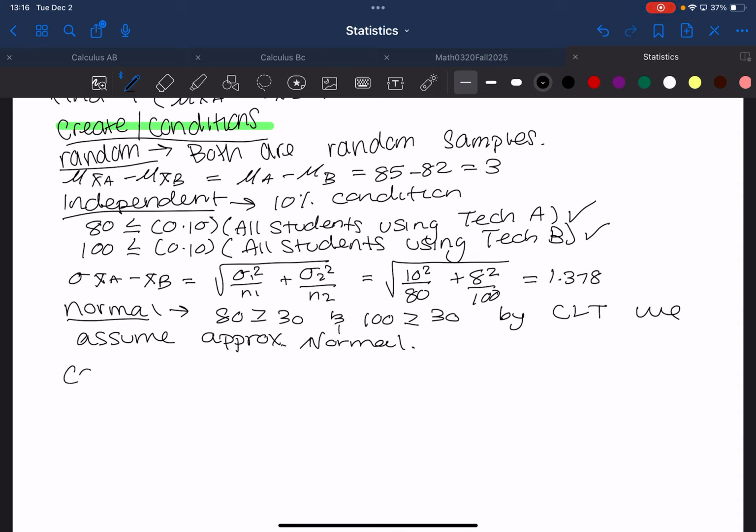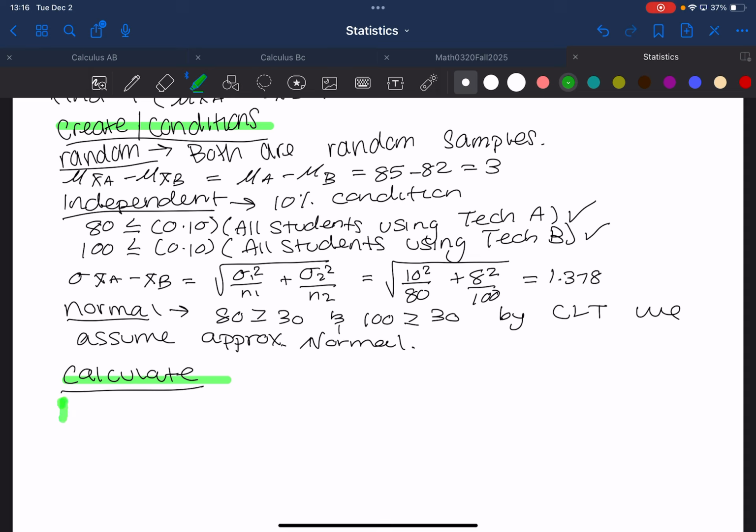Calculate. And this is where we're going to use Desmos. Since we're using Desmos, are we going to have to convert to the z-score? No, remember the z-score is only if we have access to the standard normal distribution. But Desmos allows us to look at all the normal distributions according to mu and sigma. So we just need our information from our first C, which was communicate.